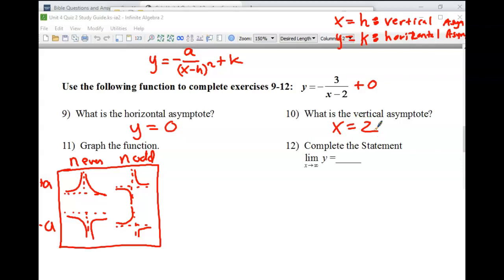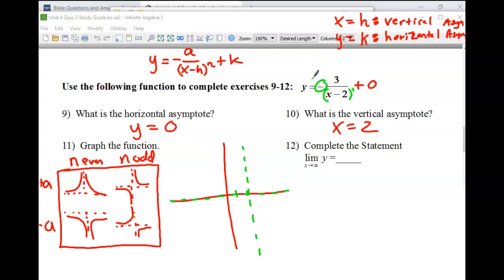So I'm going to go ahead and graph this now. We start by graphing the horizontal asymptote. It's at 0. And then we graph the vertical asymptote, which is at 2. And then we use the power, which in this case is 1, and the fact that this is a negative in front.